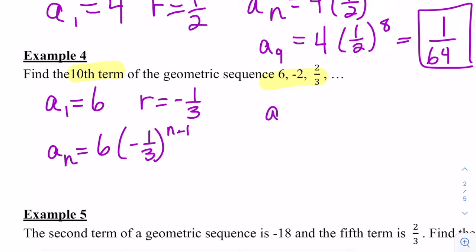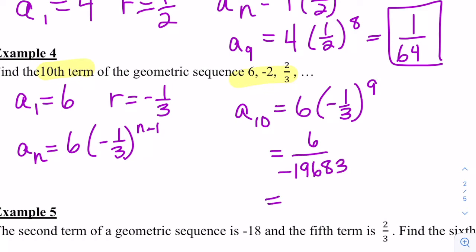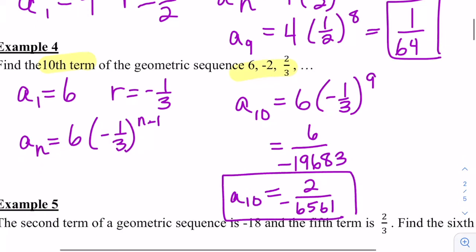So a sub 10 will be 6 times negative 1/3 raised to the 9th. We can simplify that. I get 6 over negative 19,683, and that reduces to 2 over negative 6,561. So that'll be the 10th term in that geometric sequence.